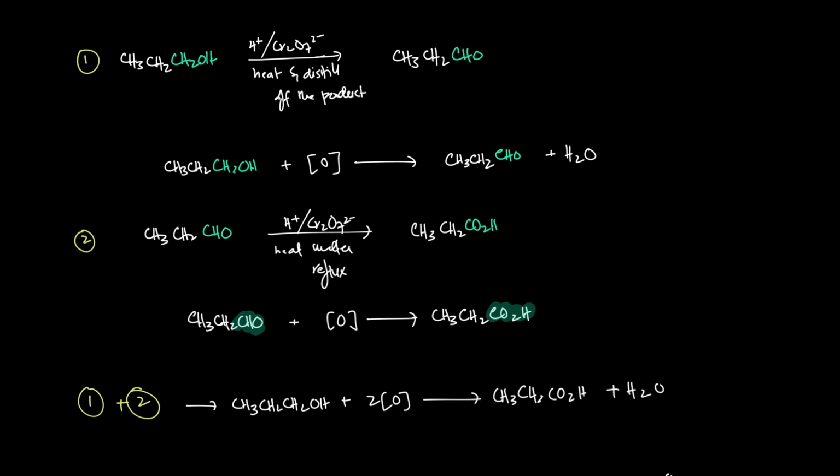All right. Now, what are we going to look at next? So now if you talk about reduction of carboxylic acids and aldehydes, these reactions will give you back a primary alcohol.